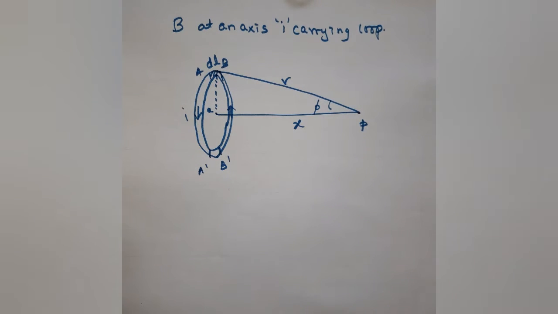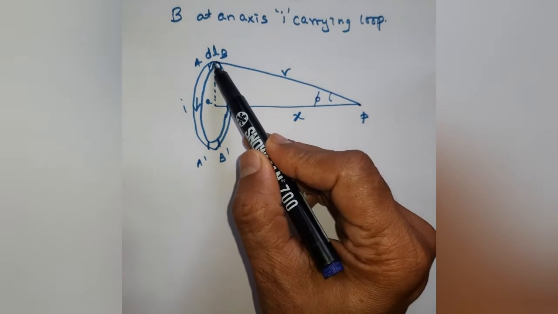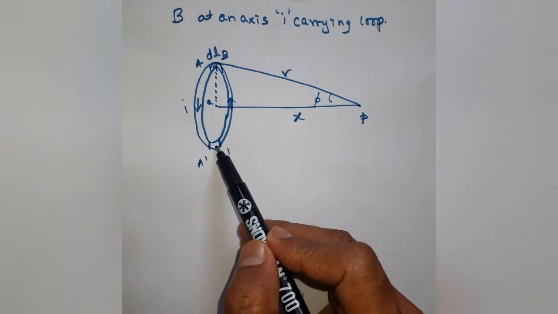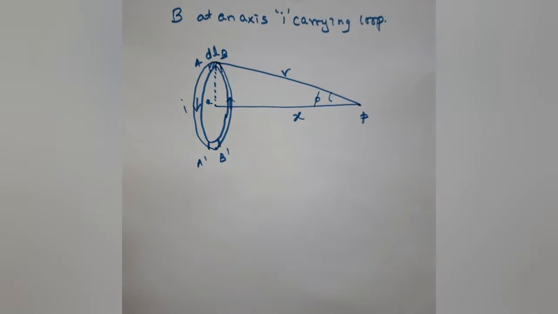So the diagram is very simple. Understanding is essential here because it's a three-dimensional figure, so visualization is very important. This dl part is coming outward, and from here I dl is going inward, so inside and outside.